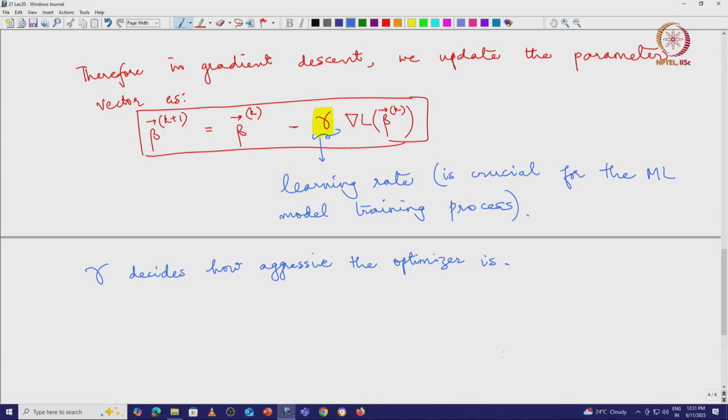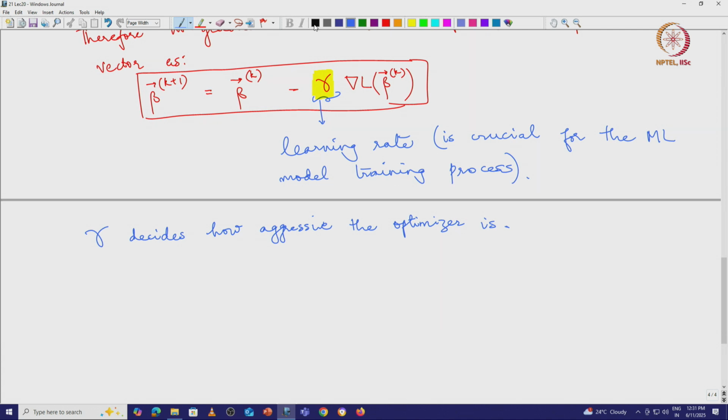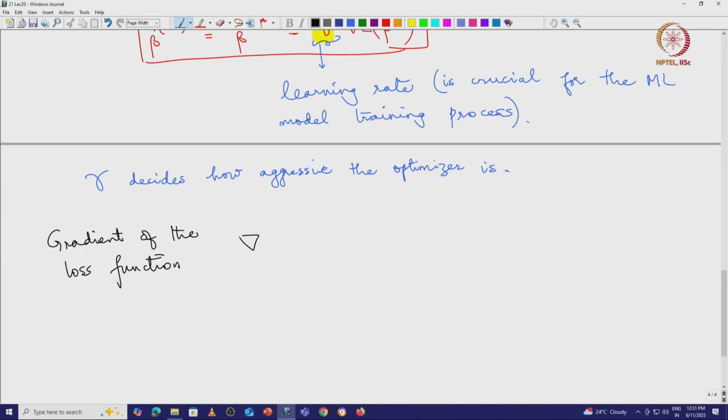With this understanding, now let us see how we can get the gradient of the loss function and the Hessian of the loss function. The gradient of the loss function looks like the following. Gradient of L at the point beta k is equal to the partial derivative of the loss function versus each of the parameters.